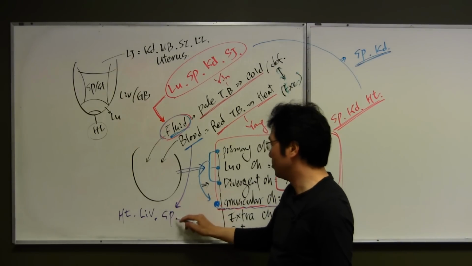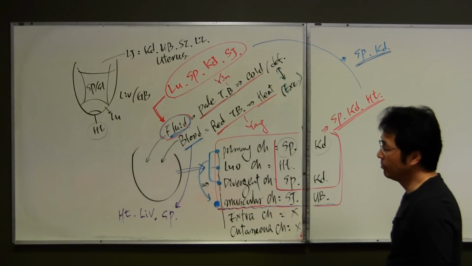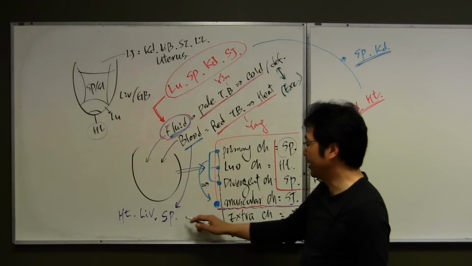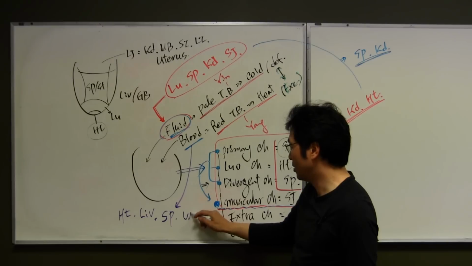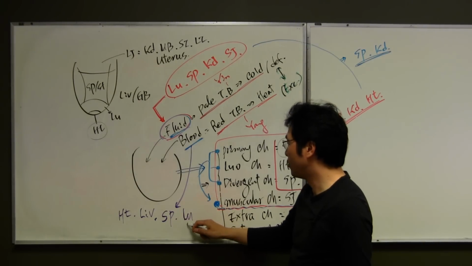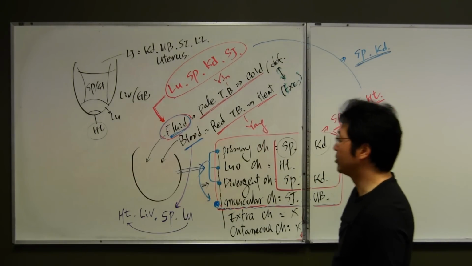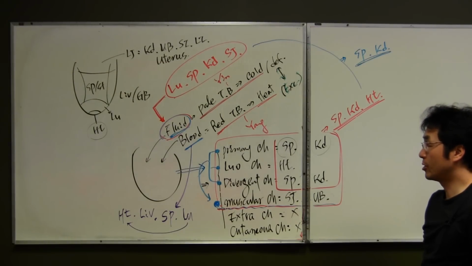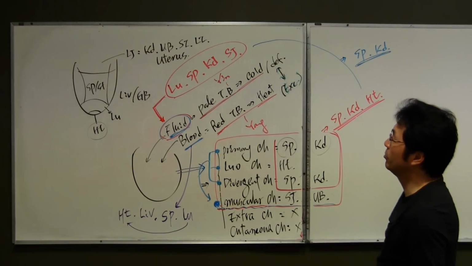And another one is the spleen, which holds the blood in the vessel without bleeding. And there's another one, the lung. The lung also provides qi to the heart, which is zong qi or pectoral qi, which supports the heart function, especially pumping out the blood.